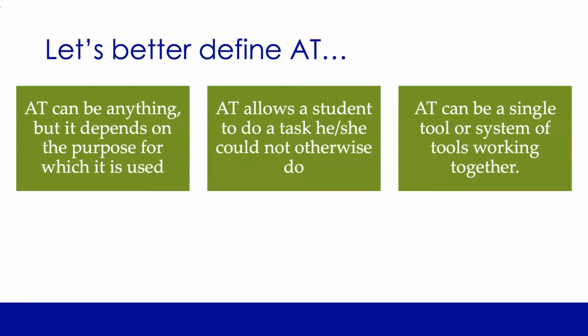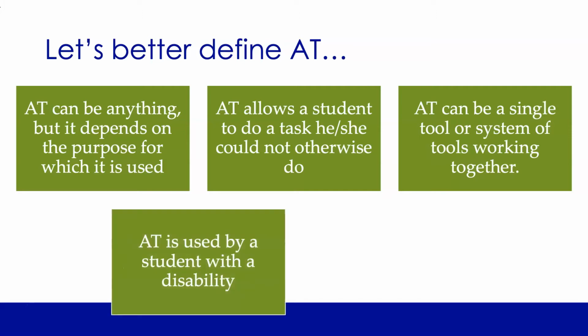For example, if I'm working with a student who has a visual loss and also has a physical disability, I may be using certain assistive technologies to help prop a book up, and then other assistive technologies to allow the student to perceive the text better. So a magnification system of some sort. Using those technologies together creates that system.